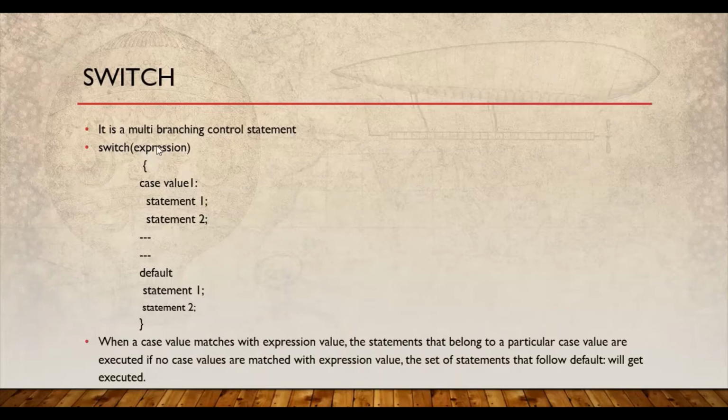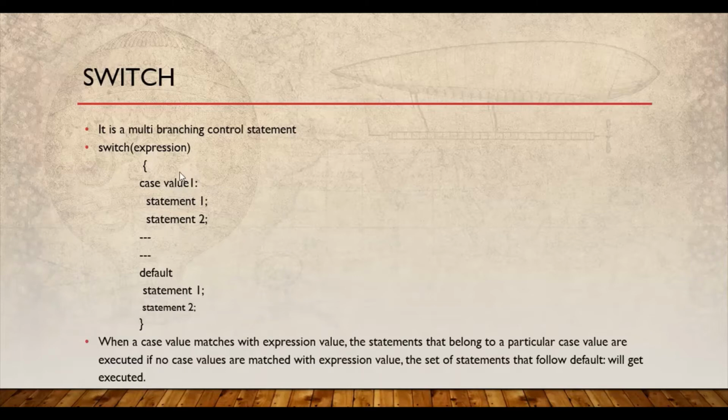Expression is anything, as I have explained earlier in if and while loop, that can be evaluated to a value, right? So here this expression would be evaluated to a value and this value will be matched with the values written after this case.